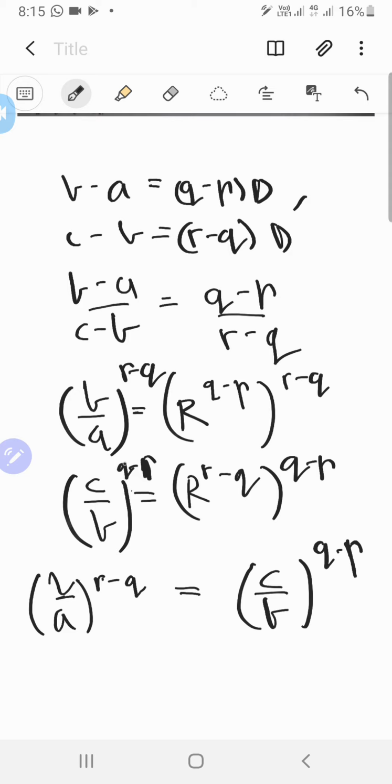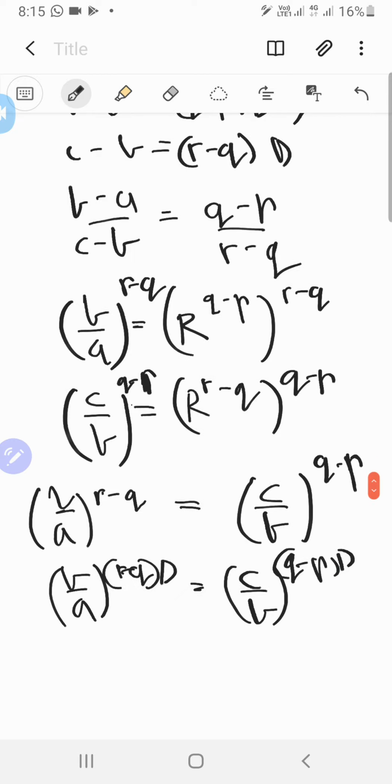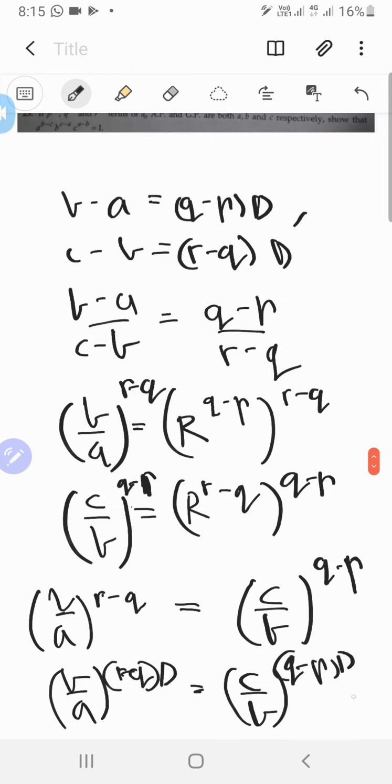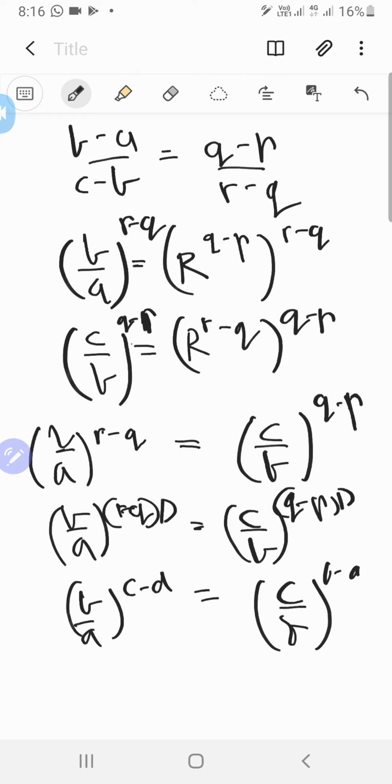So let's raise both of these to the dth power. So b upon a to the r minus q times d is going to be c upon b to the q minus p times d. What is r minus q times d? That is c minus b, and similarly q minus p times d is b minus a. So b upon a to the c minus b equals c upon b to the b minus a.